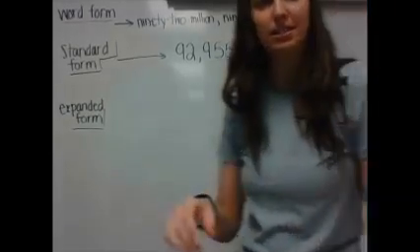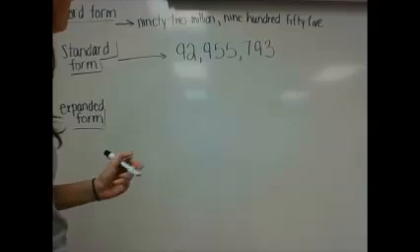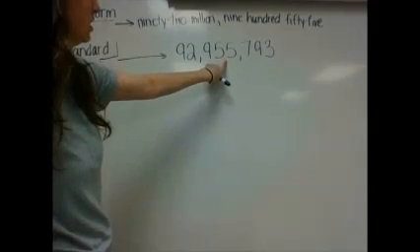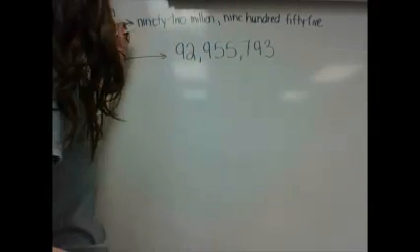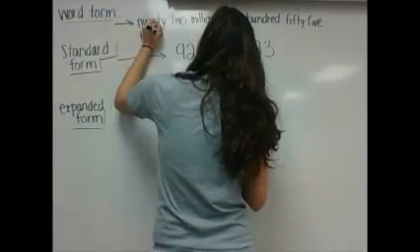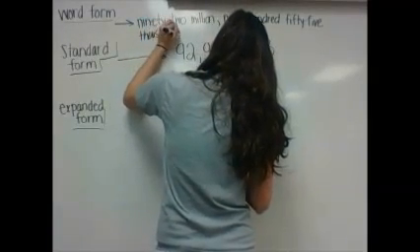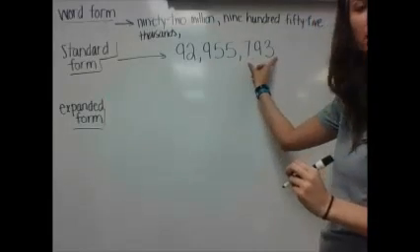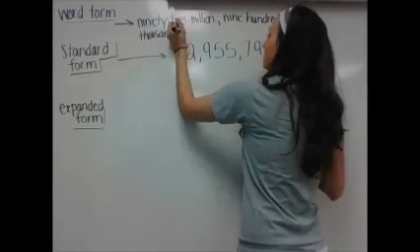Now, what spot is that in? 955 thousand, and I'm going to go ahead and bring it down to the next line so you can see it a little bit better, and then a comma, and then our last period, and then 793.